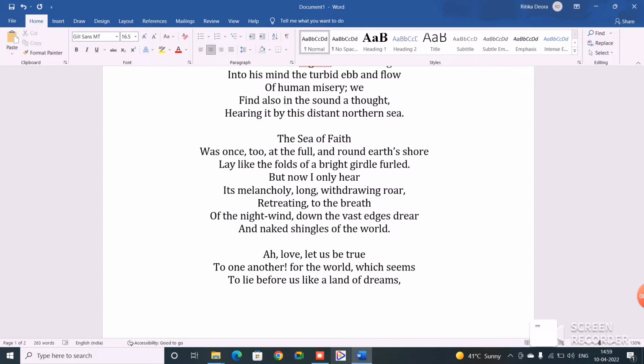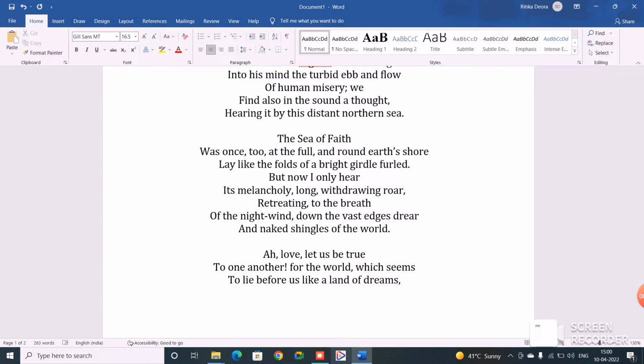But now I only hear its melancholy long withdrawing roar, retreating to the breath of the night wind down the vast edges drear and naked shingles of the world. But this religious faith is a matter of the past. It is the story of the past now. The present is something different. What is the present?